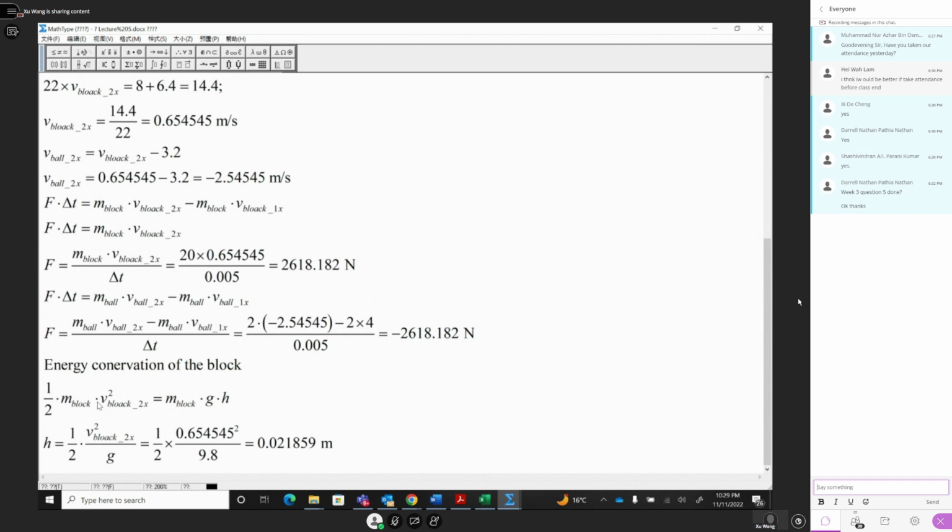This can be converted to the potential energy, which is m block g h, energy conservation, and then you can calculate how high the block can move. The height is equal to, this cancels the m, velocity squared divided by g, equal to 0.0218 meter, and that's the result. Okay, that's the result.